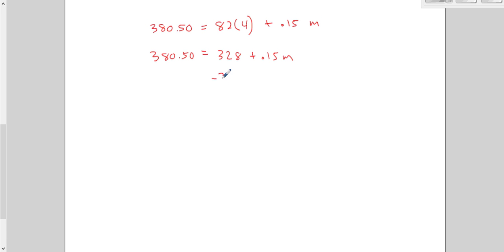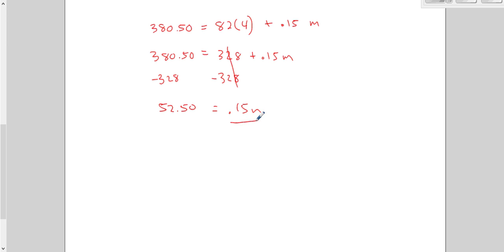And we're going to subtract the 328. That cancels. We are left with 52.50, $52.50. And over here, we have the 0.15 or 15 hundredths.